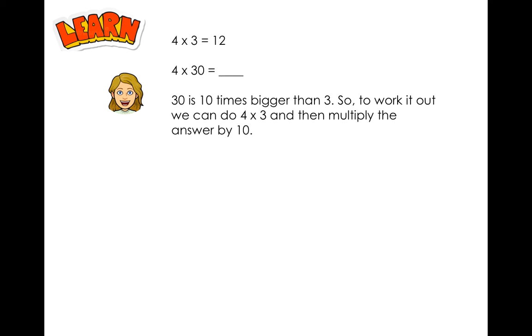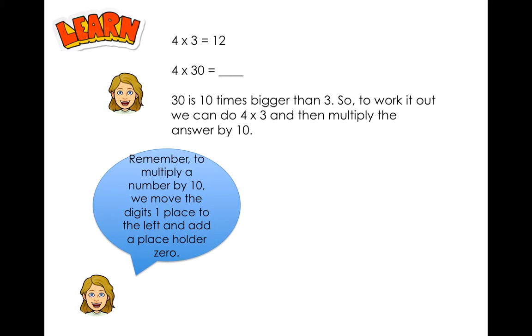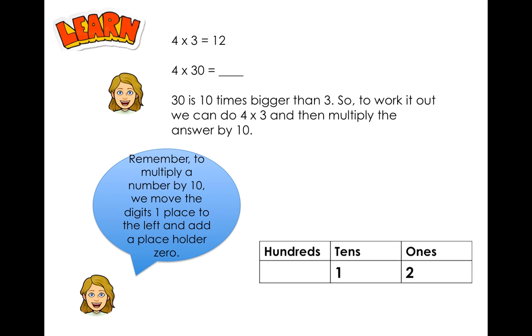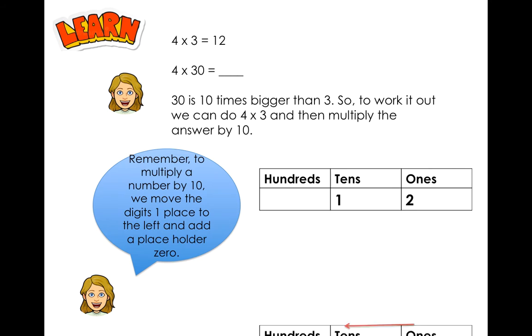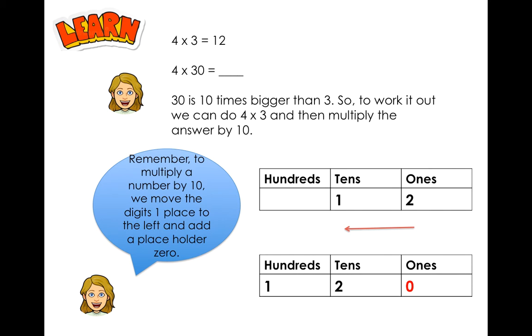So I have to multiply 12, which is the multiplication fact that I know, by 10. And when I'm multiplying a number by 10, everything moves one place to the left, all of the digits, and I add a placeholder 0. So the answer to 4 times 30 will be 120.